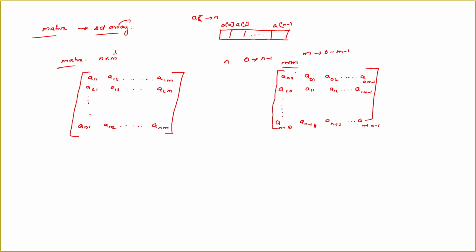Now, you all know that when I am dealing with an array, to declare an array I write the data type, the name of the array, and in square brackets the size.